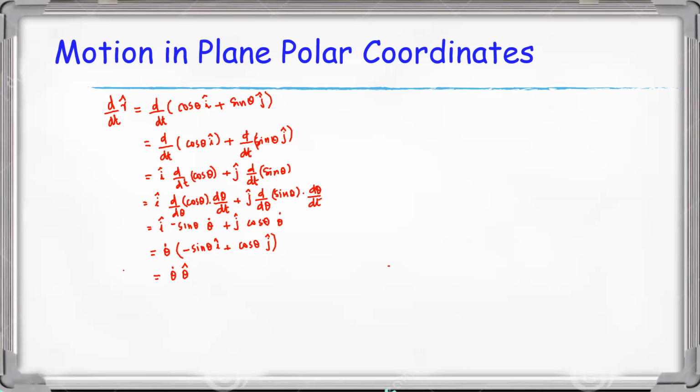So the final expression for velocity can be written as velocity v is equal to r dot r cap plus r theta dot theta cap.